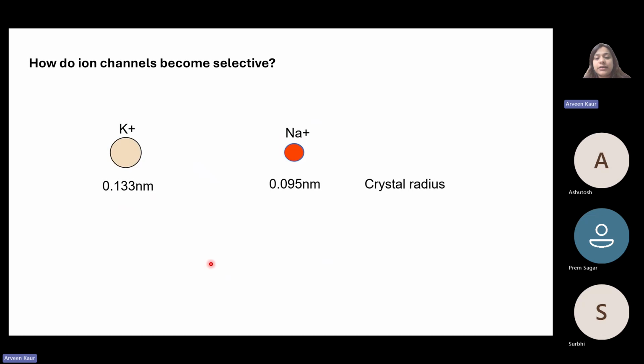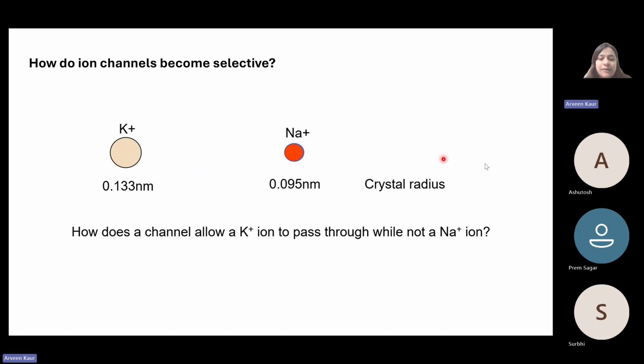But on the contrary, what have we studied in the previous slide? That the specificity for the potassium ion channel is much higher for potassium than for sodium. The sodium channel can sometimes let the potassium also pass, but it is only 15 times more permeable for sodium than potassium, but the potassium channel is 100 times more permeable for potassium than for sodium, right?